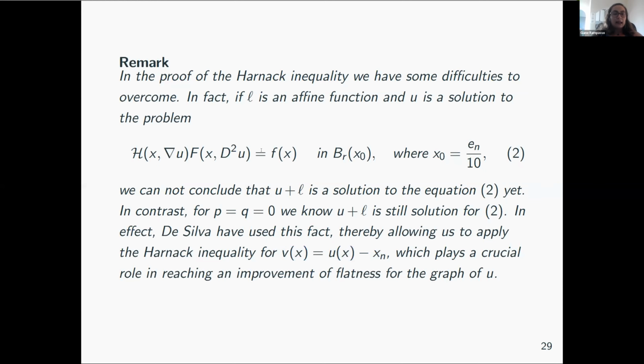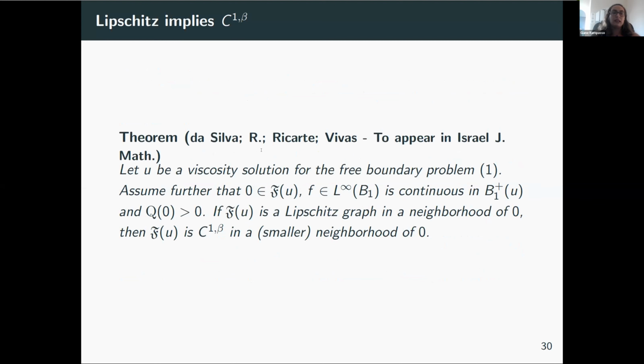And the last result is that a Lipschitz free boundary implies C^{1,β}. This means that if 0 is in the free boundary, F is a bounded and continuous function, and Q at 0 is positive, and if the free boundary is a Lipschitz graph in a neighborhood of 0, then the free boundary of U is C^{1,β} in a smaller neighborhood of 0.